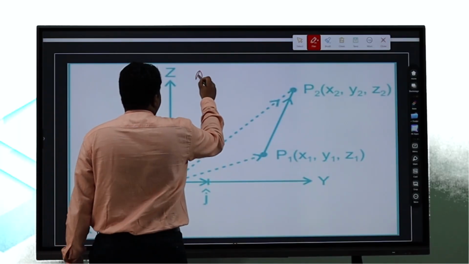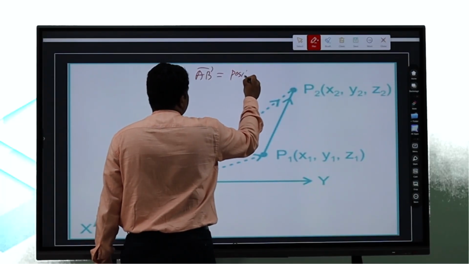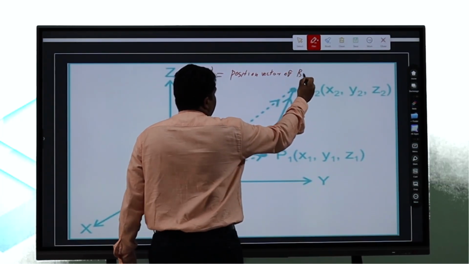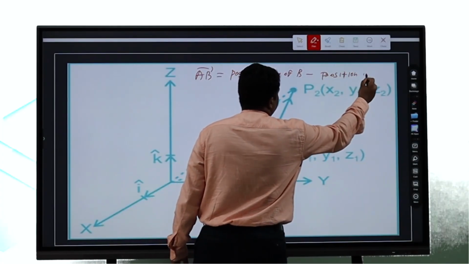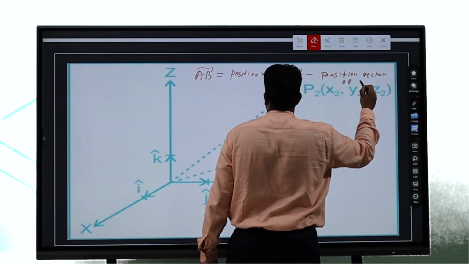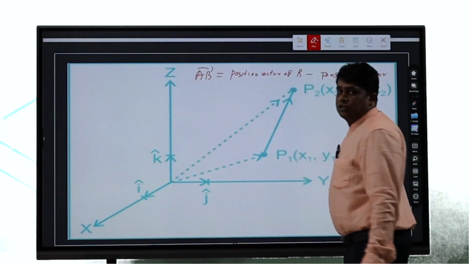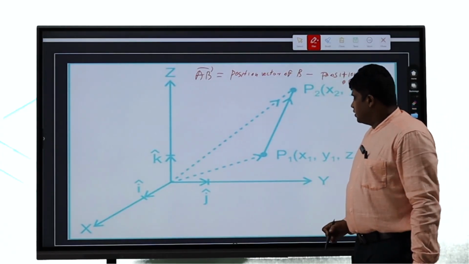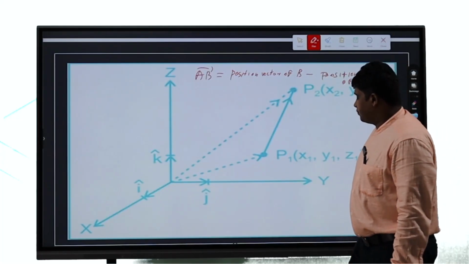What about vector AB? Vector AB is the position vector of B minus the position vector of A. Let us check how this happens.